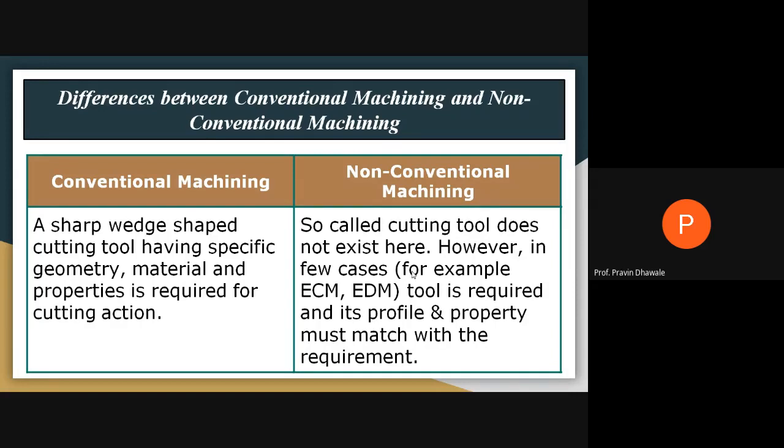In a non-conventional machining process, the majority of processes do not require the cutting tool. That is, the so-called cutting tool does not exist in the case of non-conventional machining processes. But there are a few processes like ECM, the electrochemical machining, and EDM, the electric discharge machining, where we require the tool, and the profile of this tool and properties of that tool must match with the requirement.